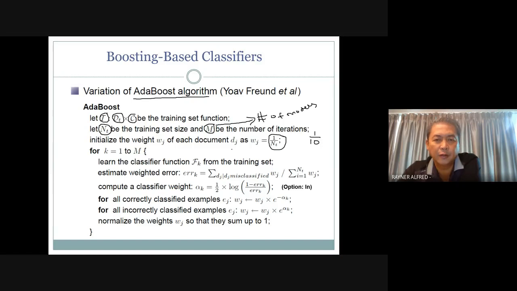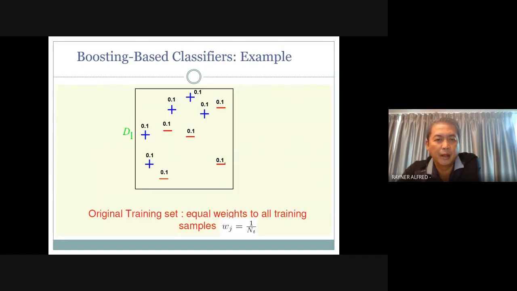Okay, so for example, let's suppose we have this data set. So this is in your search space. We have 5 positive and we have 5 negative documents. What we want to do is have a classifier that will learn this.